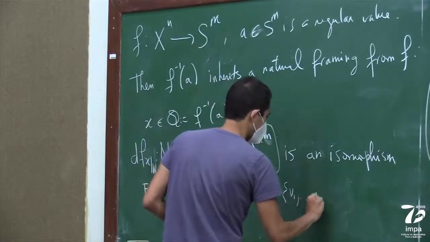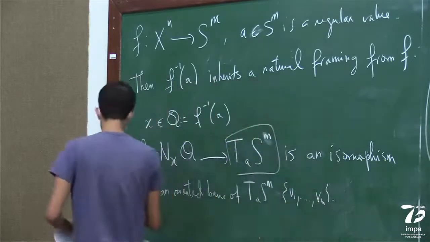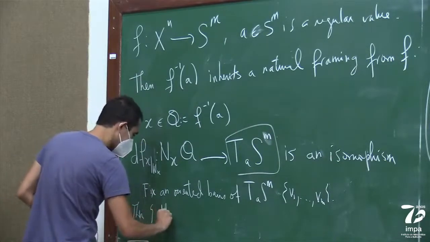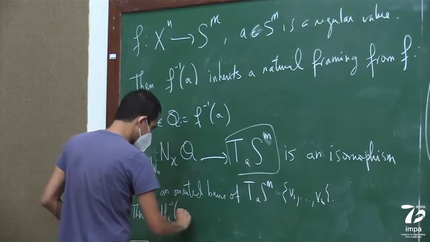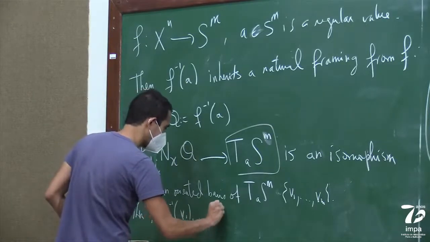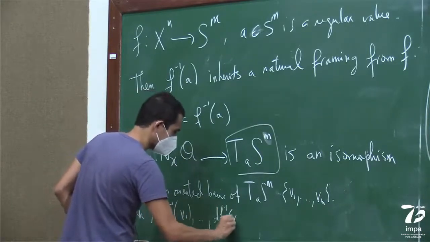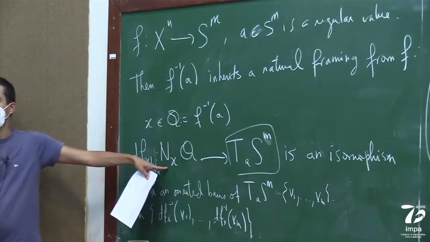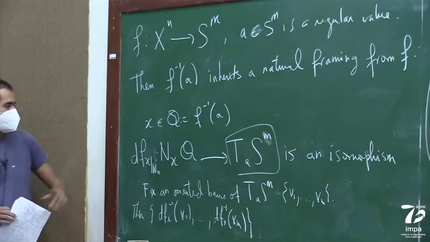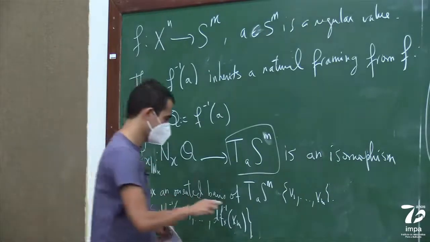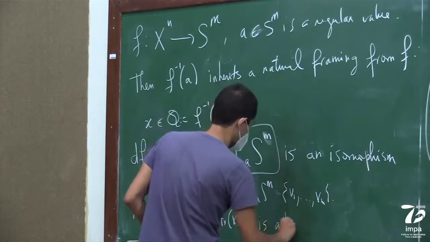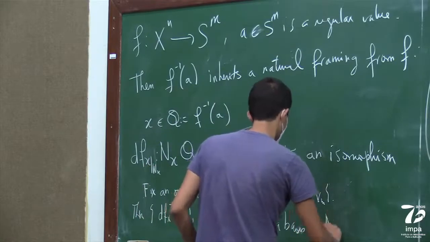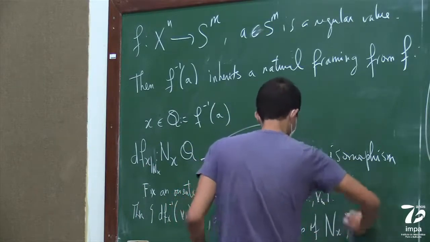Then df_x inverse of V1 through df_x inverse of Vm will give me the desired basis of the normal bundle, a basis of N_x Q.